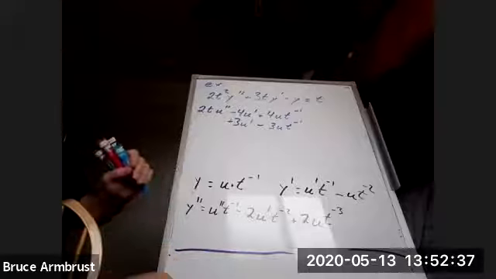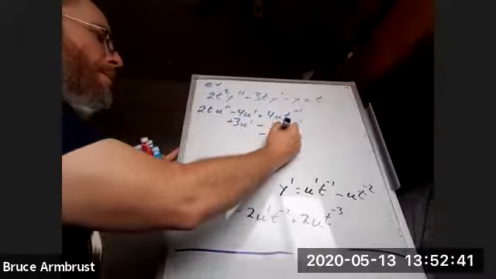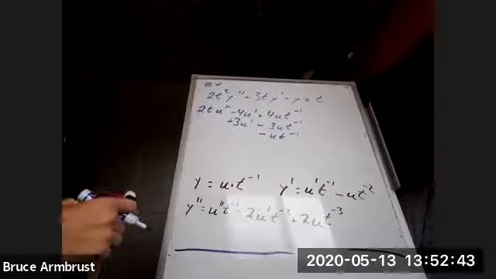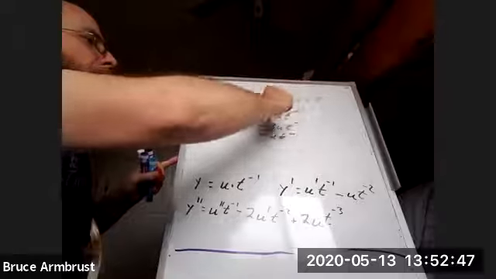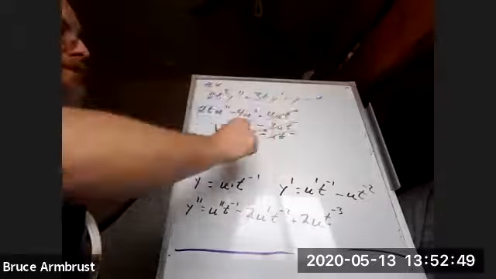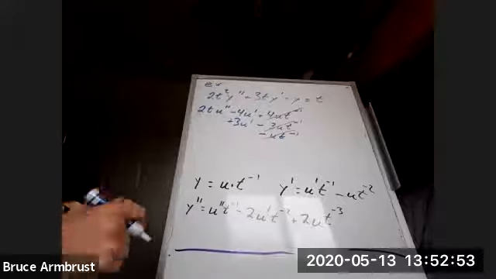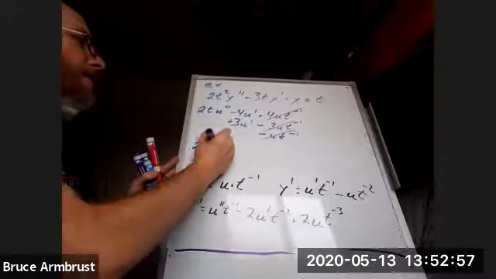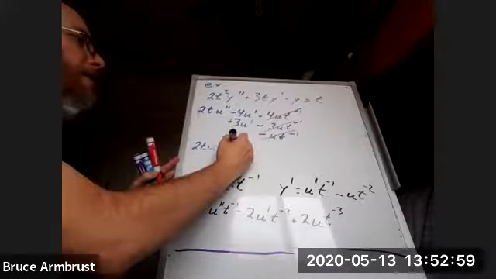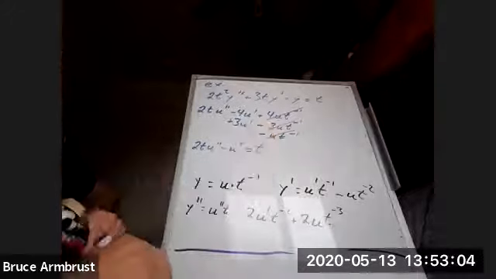And then lastly, we're going to subtract y. But as expected, these things all cancel. They always do. So what we now have is 2t u double prime minus u prime equals t.